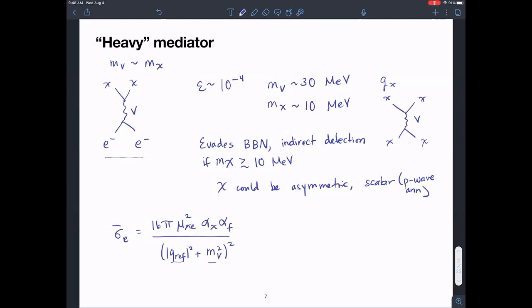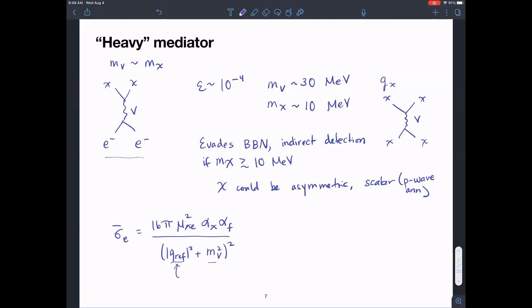If you were calculating the actual scattering, then of course you would have the actual momentum transfer squared. What we do for dark matter electron scattering is usually define a reference momentum transfer, which you can use to define the reference cross section.